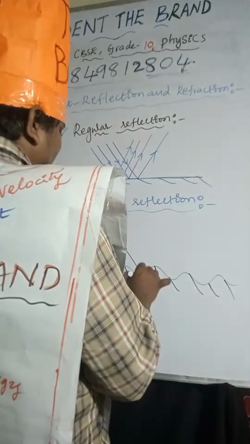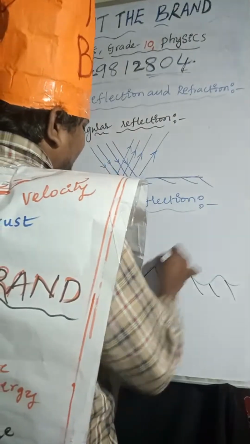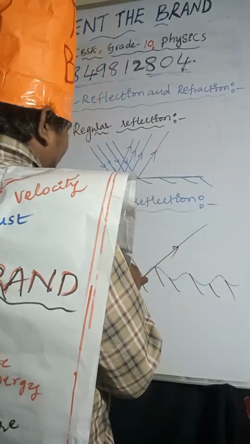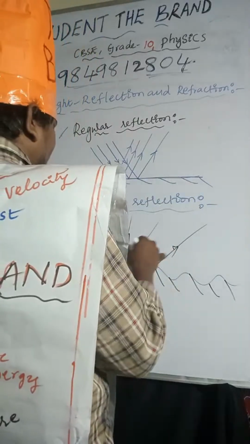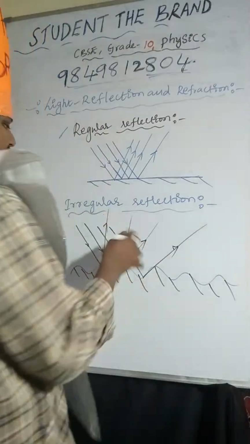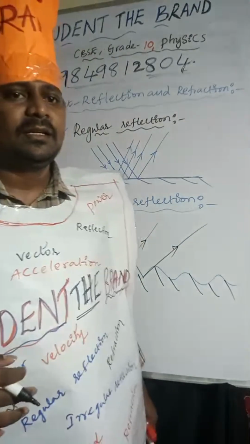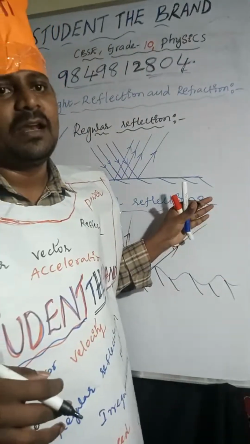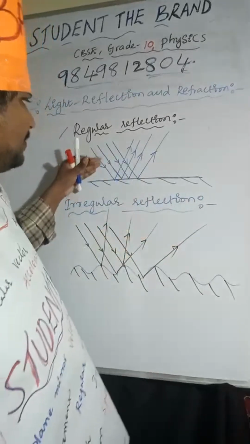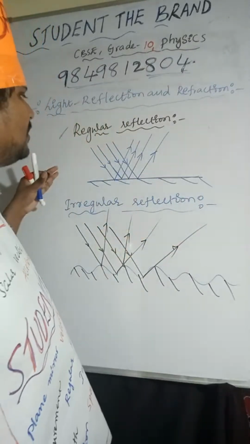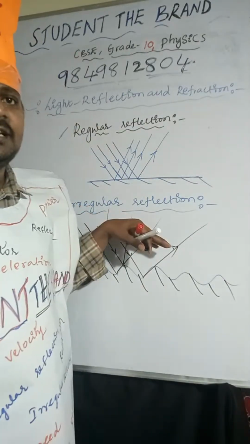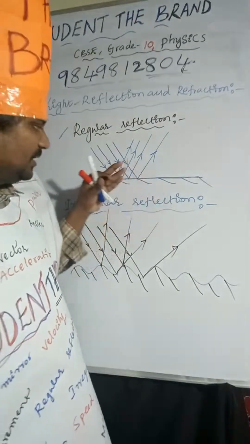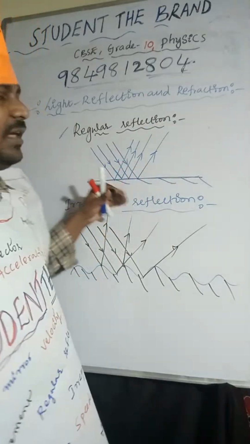So these are the incident rays. After reflection, those light rays move away from each other. These light rays will move in different directions, so they are not parallel to each other. In regular reflection, incident light rays are parallel, then reflected light rays are also parallel. But here incident light rays are parallel, but reflected light rays are not parallel to each other. So this type of reflection is called irregular reflection.